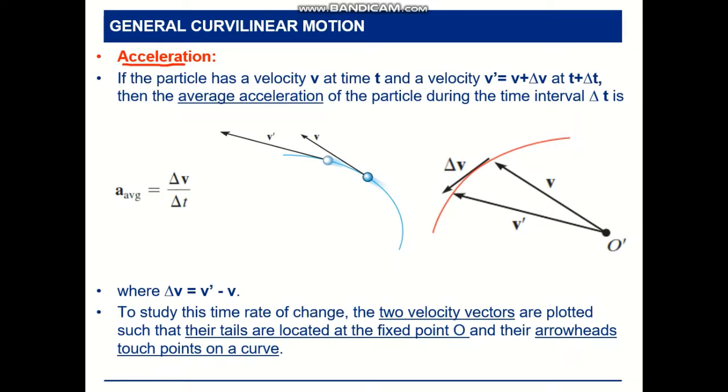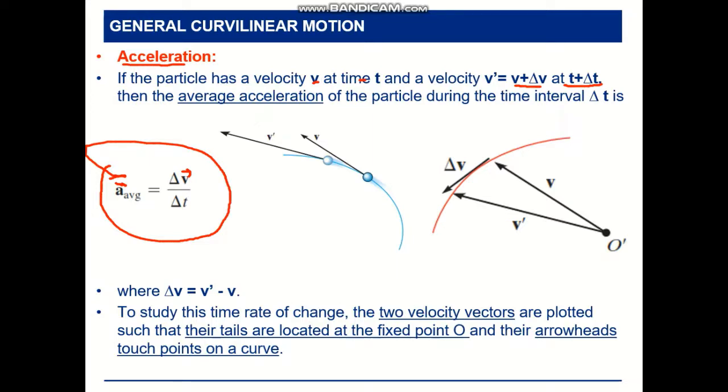Acceleration: if the particle has a velocity v at a time t, and the velocity v prime is equal to v plus delta v at t plus delta t, then the average acceleration of the particle during the time interval delta t is, as we see here, delta v, the vector quantity, over delta t, the time duration.